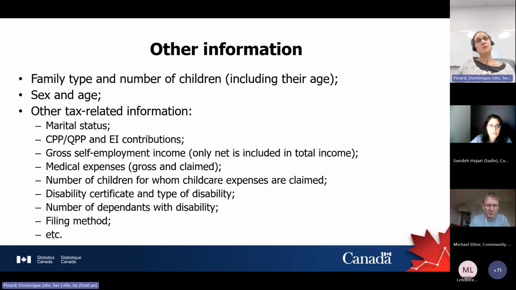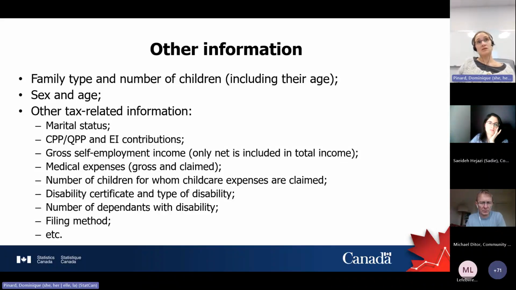One thing that has been requested quite often is the disability status of people. So we have a little bit of information on disability status of individuals, but they don't correspond to the census or any survey concepts. They would more correspond to whether or not you submitted a certificate to the CRA to have some credits or tax exemptions.